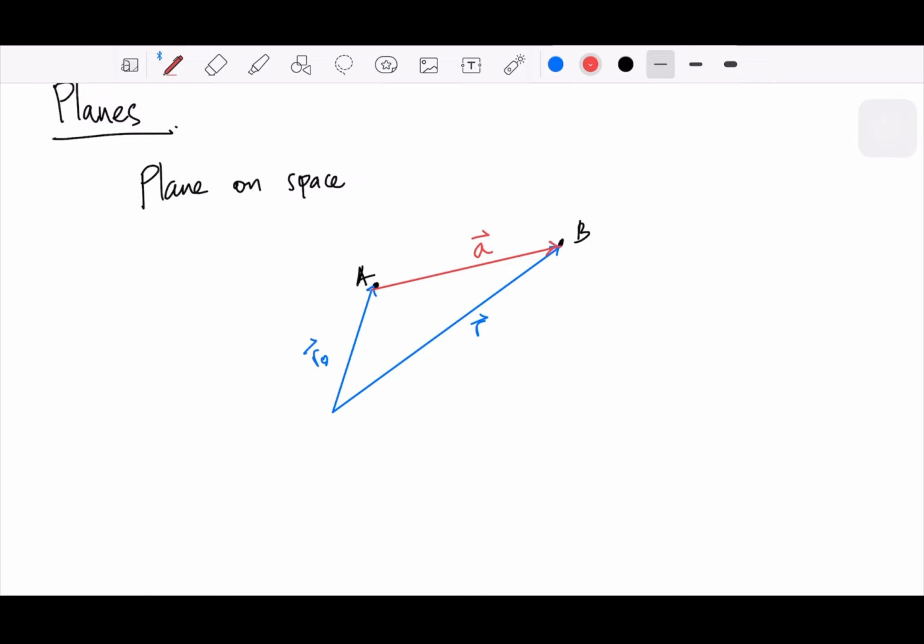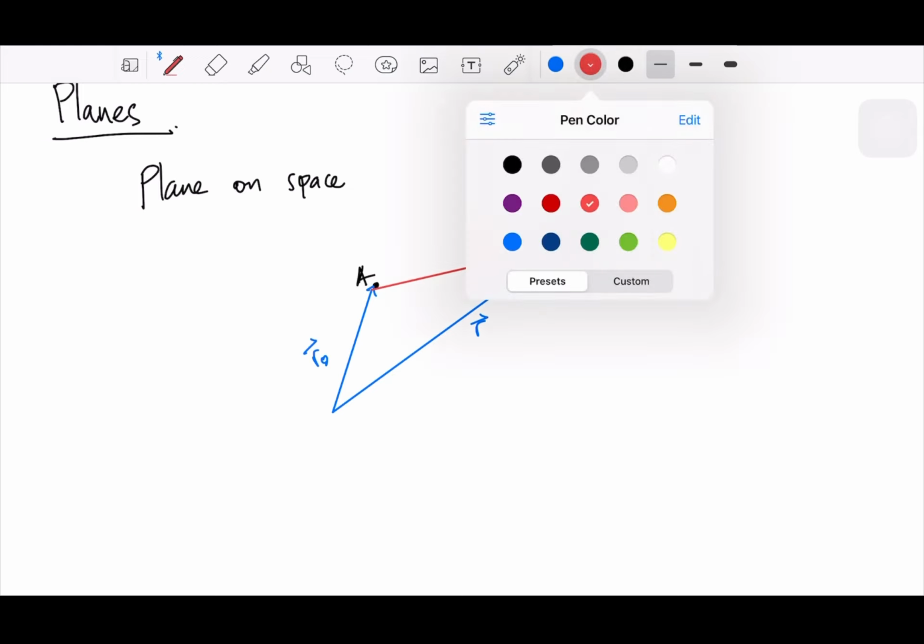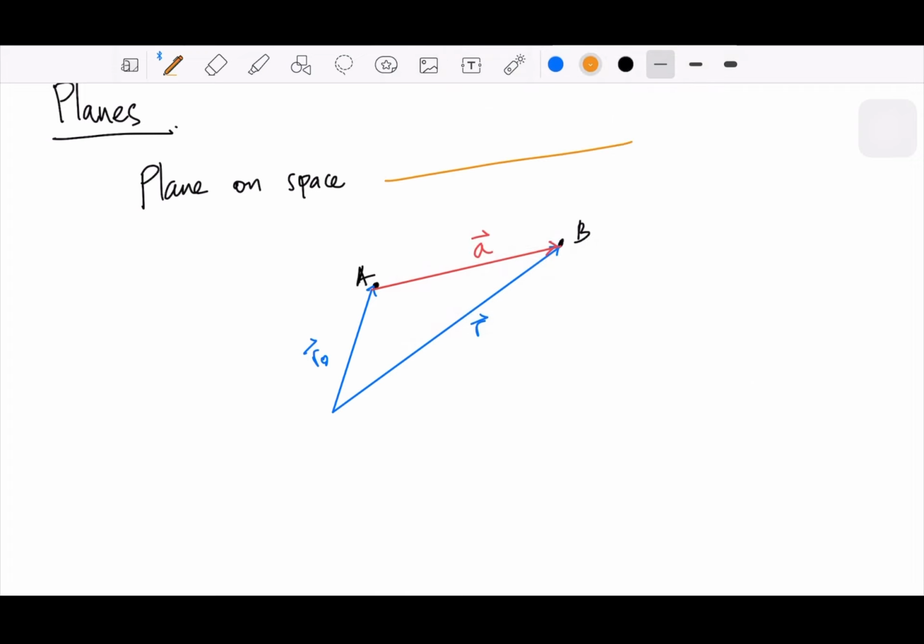Now, how do we describe the plane? If I have, for example, this line, obviously it lies on an invisible plane. If I draw my plane here, for example, this is the plane, and the plane is where this vector A or the line A will be.